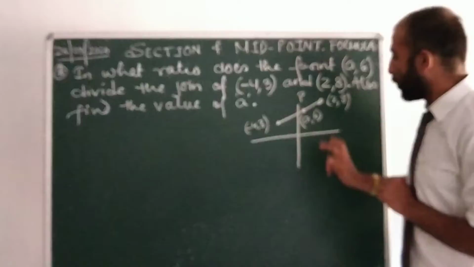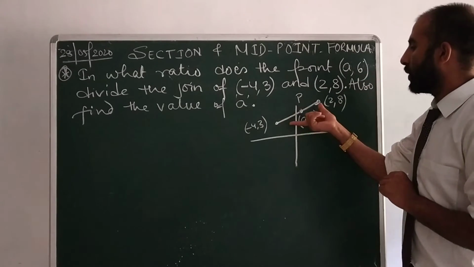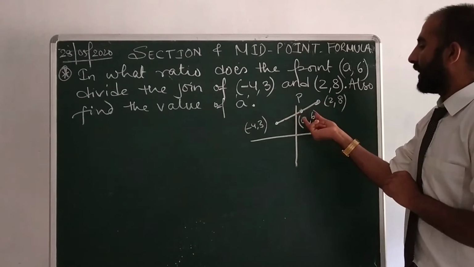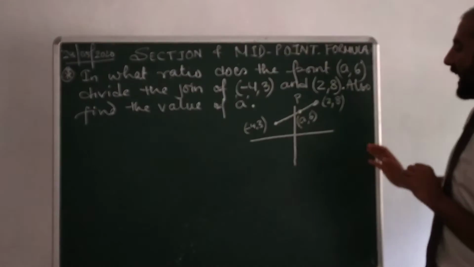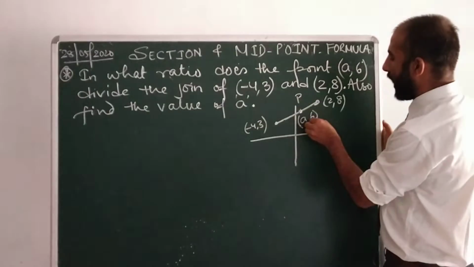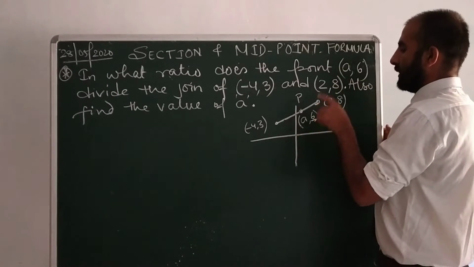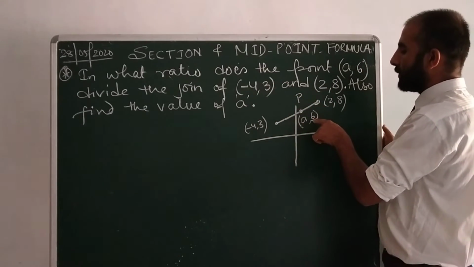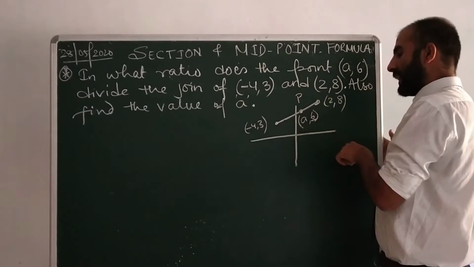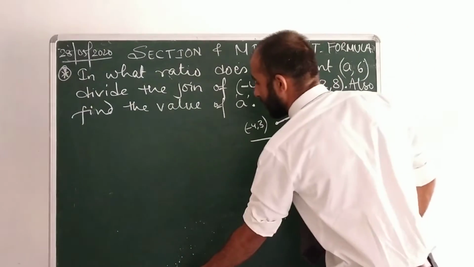Now you are supposed to find in what ratio this line is divided by this point. The fact is we are given the y coordinate. First of all, we'll get both the coordinates, we'll equate the y coordinate with the given value. After getting the ratio, we'll find out the value of a. Okay, so let's get started.